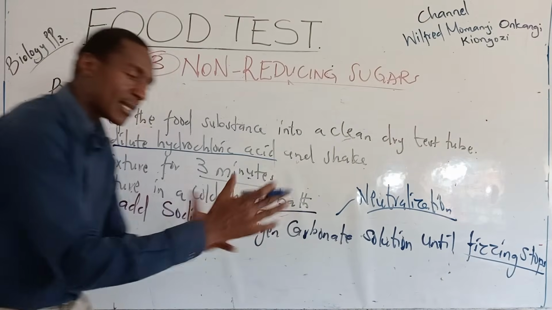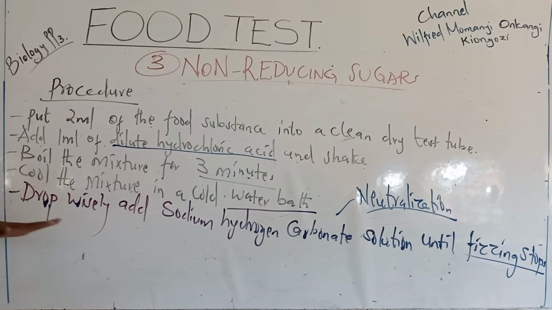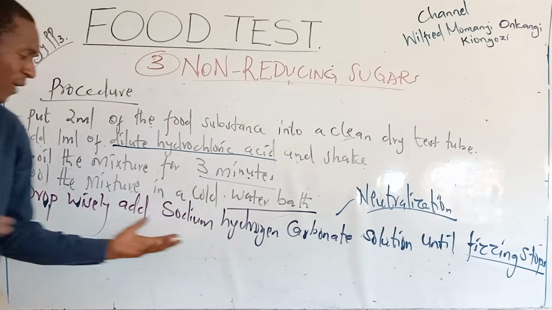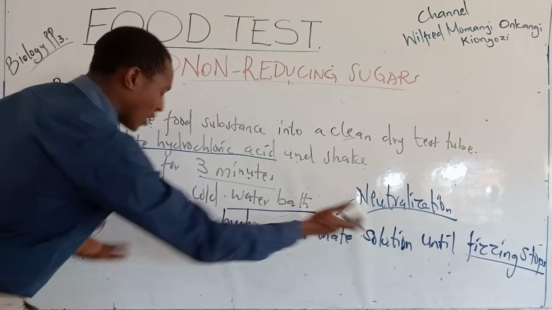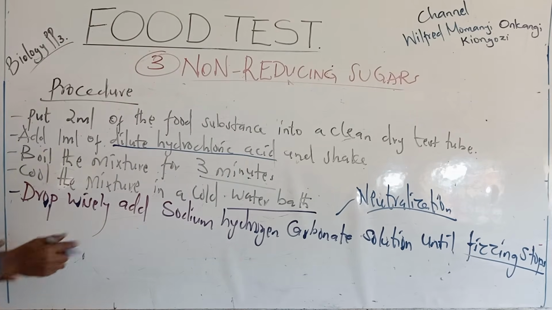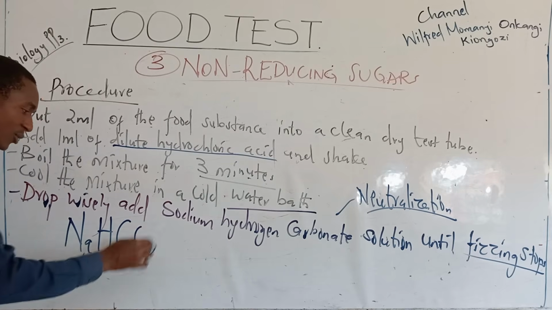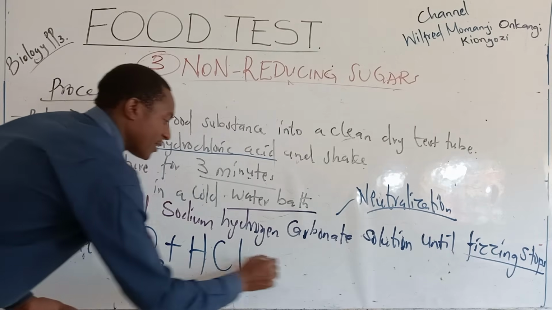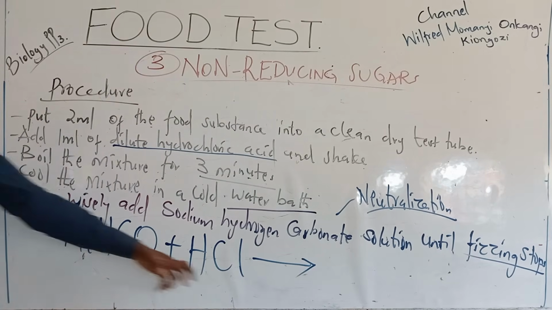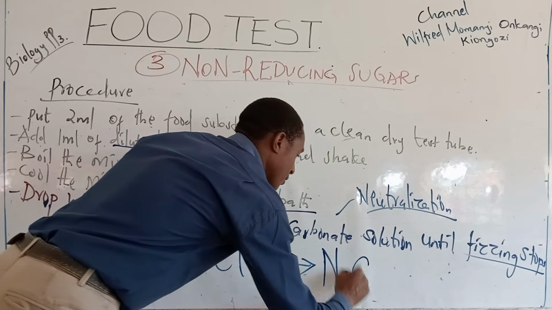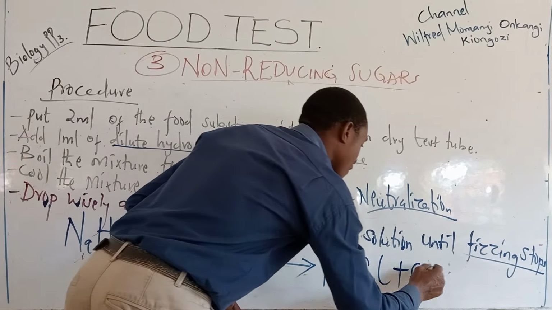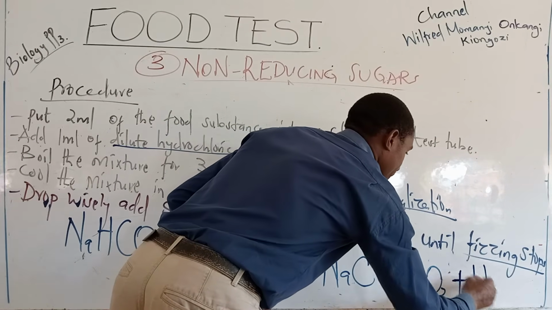When fizzing stops, then the gas bubbles have completely been produced, because in the reaction of sodium hydrogen carbonate solution with HCl, this is what we get: sodium chloride, carbon dioxide gas, plus water.